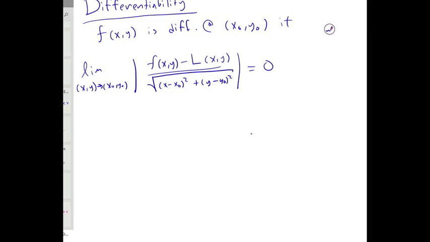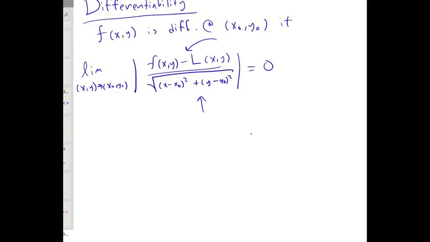So up here we have the difference between the actual function, so the surface, and the linearization, the tangent plane. So pretty much as we approach the point where the tangent plane should be tangent to f of x, y, we should be approaching the same function value, so their difference should equal 0.